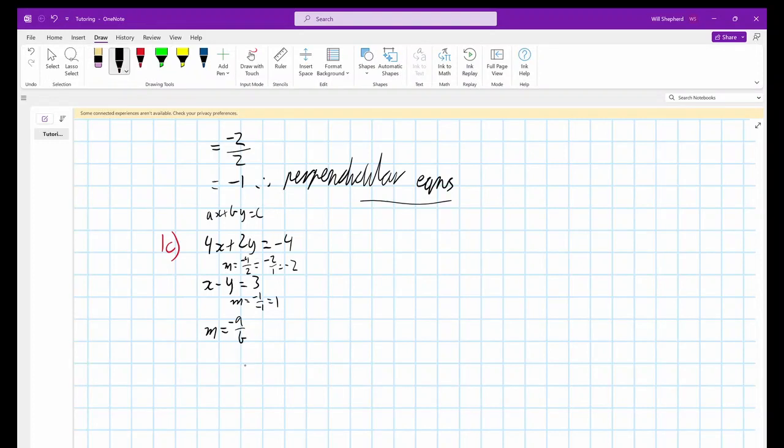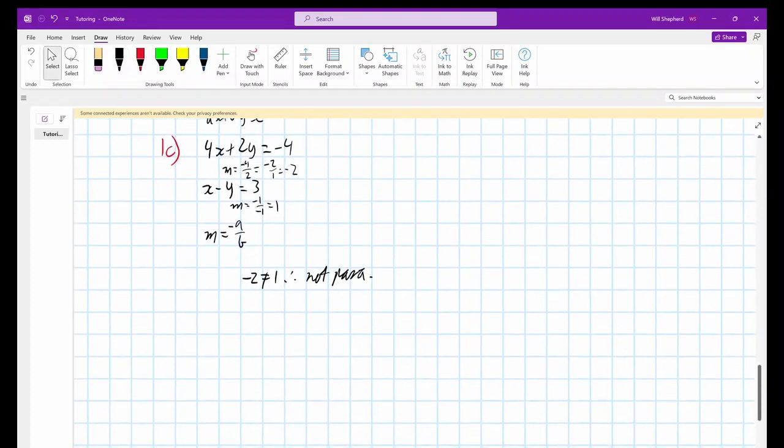Because negative 2 does not equal 1, we can therefore say not parallel, or just para for short. The next test for perpendicularity is to multiply them together. So m1 times m2 equals negative 1.